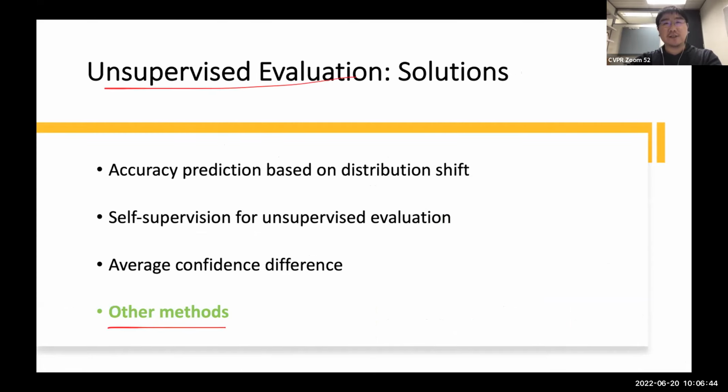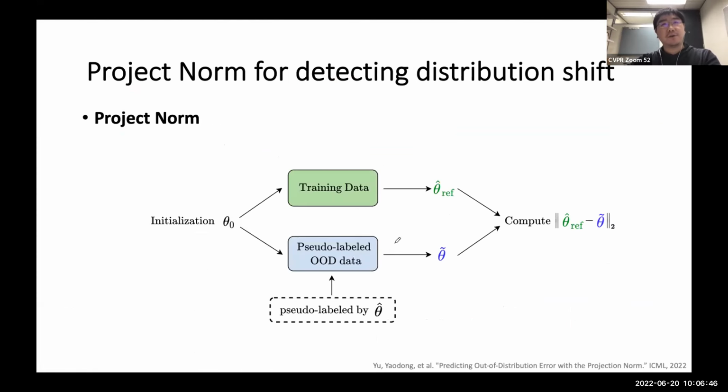For example, this paper is published this year, I think from UC Berkeley. What they did was, when they have out-of-distribution data, which is unlabeled, they use pseudo labels for this out-of-distribution data and use these pseudo labels to train a model parameterized by these weights.